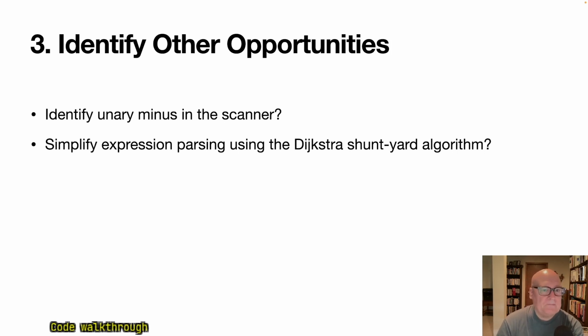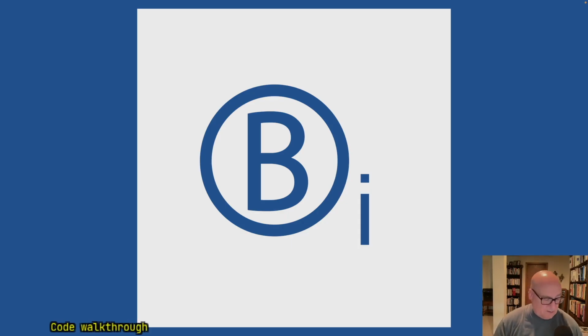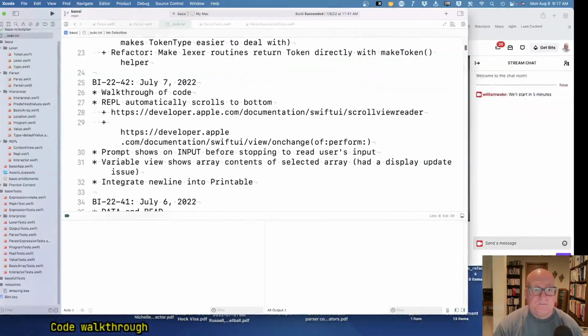Again, it's nothing to do with the transformation we're doing. It's just looking around and saying, while we're in here, is there something we can get from this? I don't think I'm going to make that part of this project, but maybe we'll pick it up another time. So let's go see what we're up against on the code side.